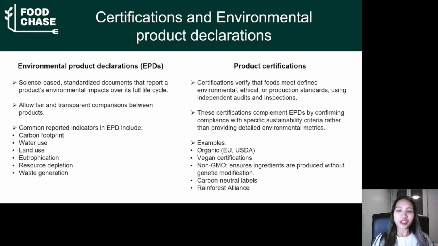This certification does not provide detailed environmental metrics like EPD, but it complements EPD by confirming compliance with specific sustainability criteria. So there are some of the most common certifications that maybe you have already seen in food packaging, like organic, vegan certification, and non-GMO.